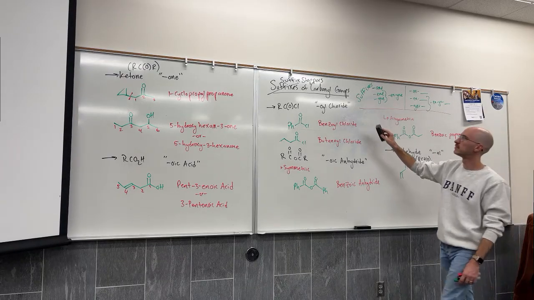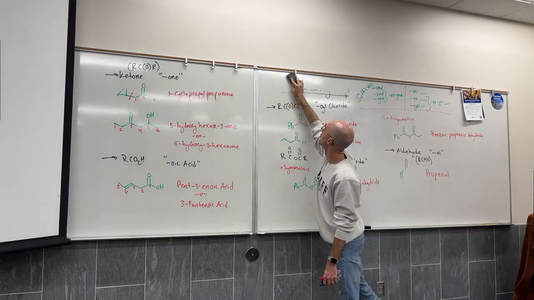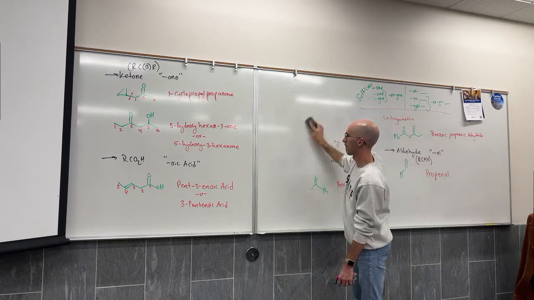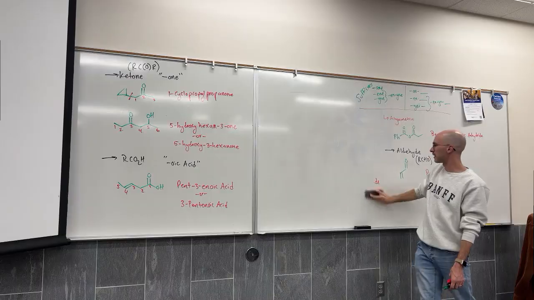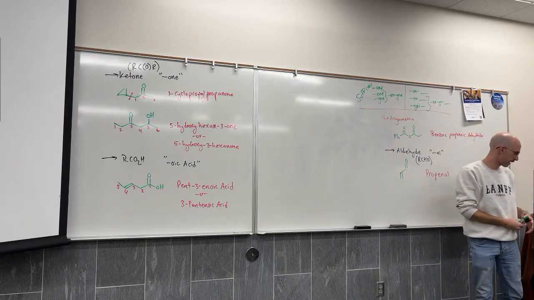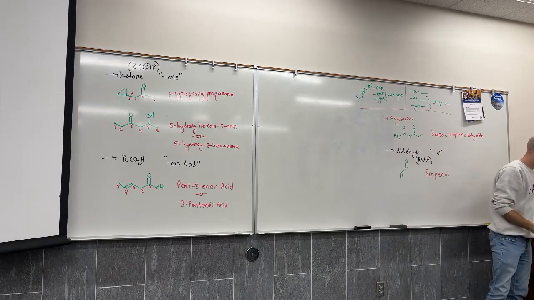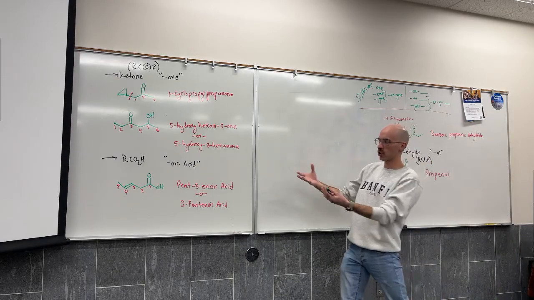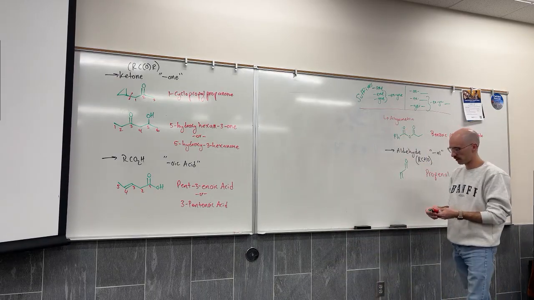Okay. How come I don't need to describe where the carboxylic acid is on that chain? It's got to be carbon 1. It's a terminal functional group, so it has to be there.